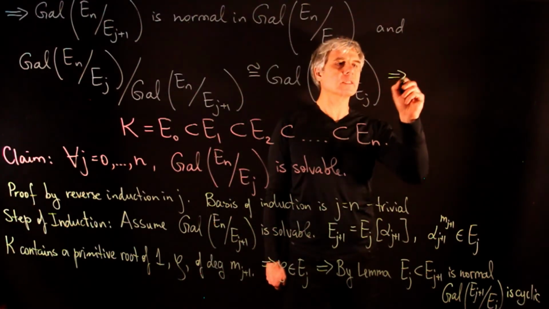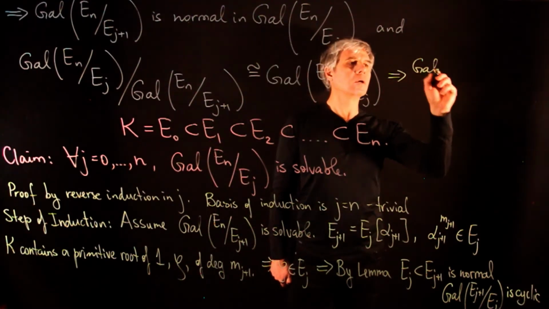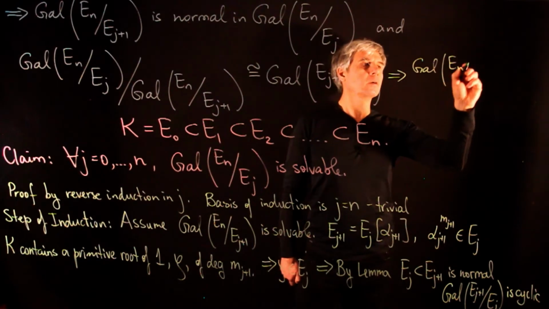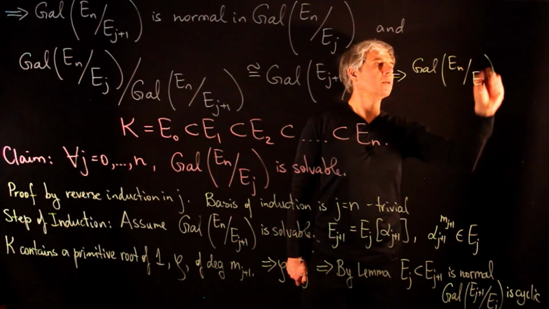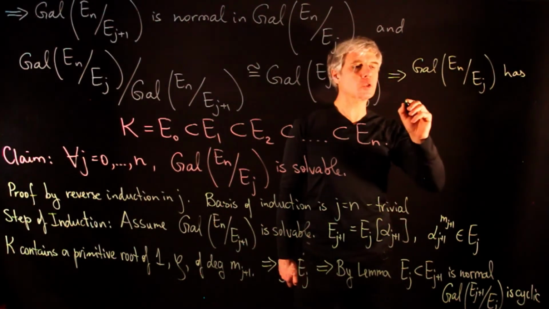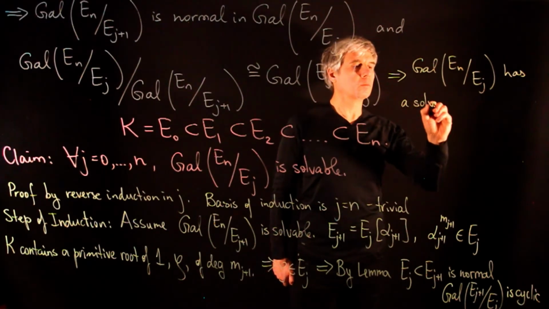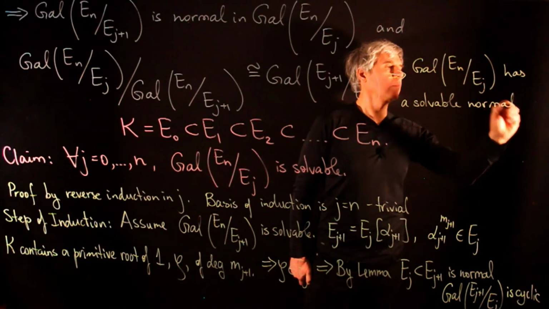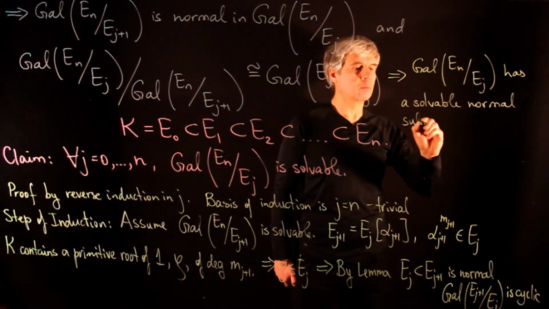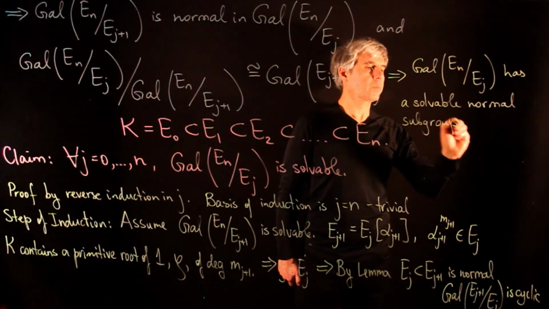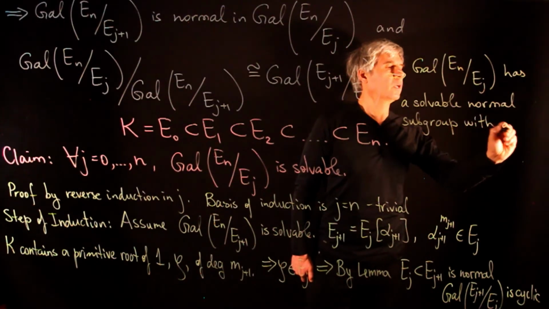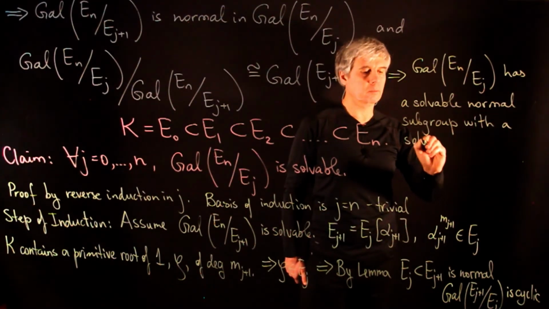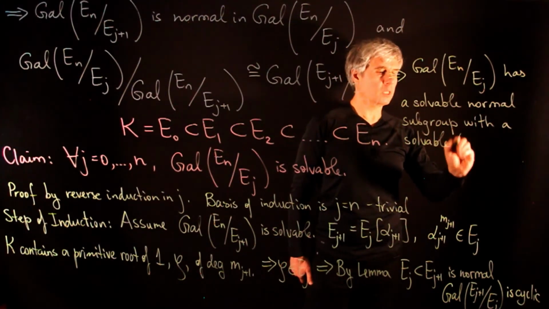This tells us that the Galois group of En over Ej has a solvable normal subgroup with a solvable quotient, which is even cyclic.